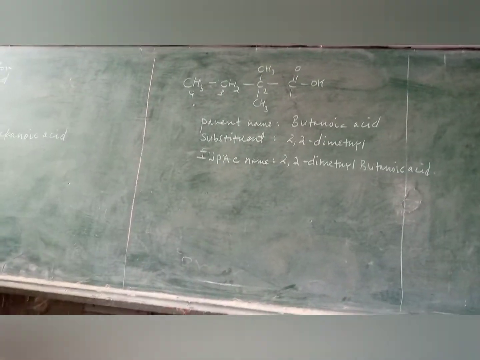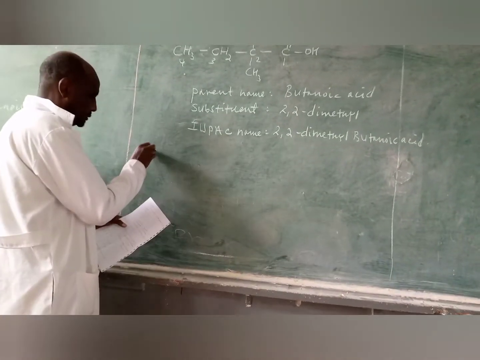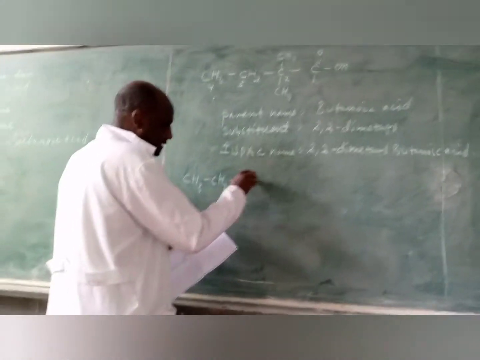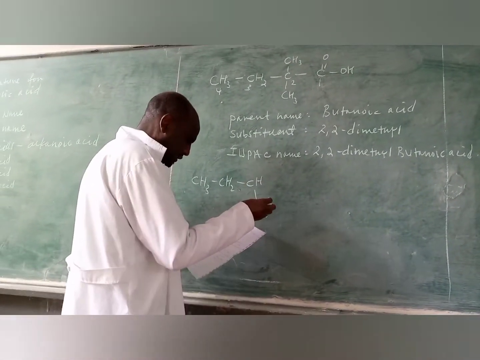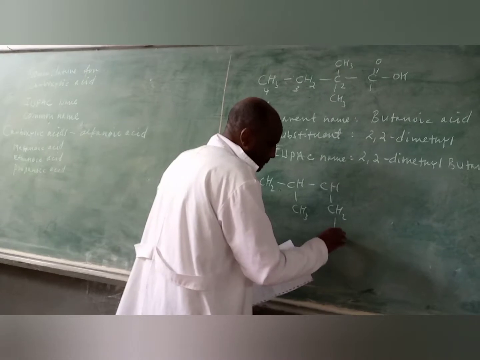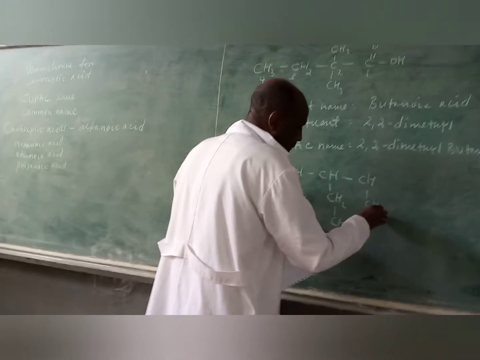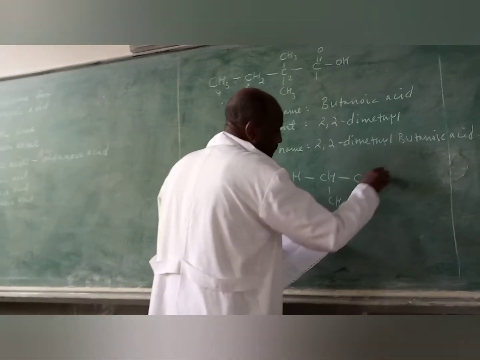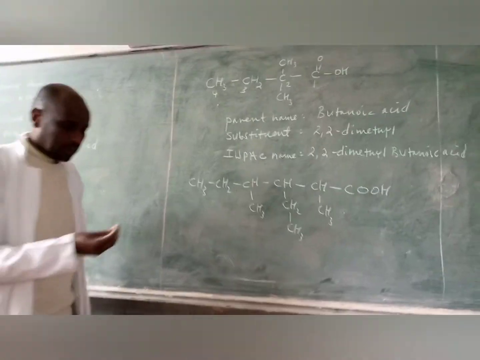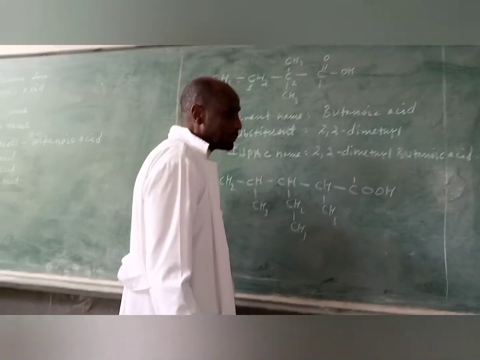We can add one more example. Here we have this organic compound given to you, organic acid. Let's see how to name it. Now the IUPAC name for this one. As I told you, always this is the first carbon, always the carbonyl carbon.